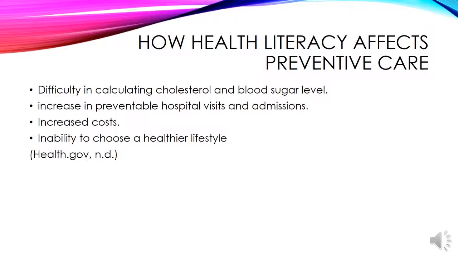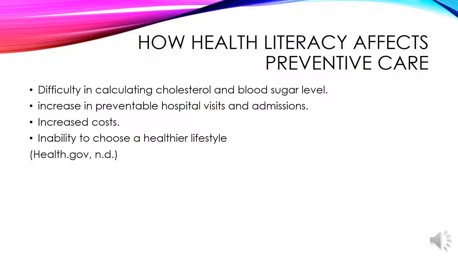The next topic is about how health literacy affects preventive care. If someone is illiterate, it gives them difficulty in calculating cholesterol and blood sugar level. As you know, high cholesterol affects people, and it brings about some diseases such as cancer or diabetes.